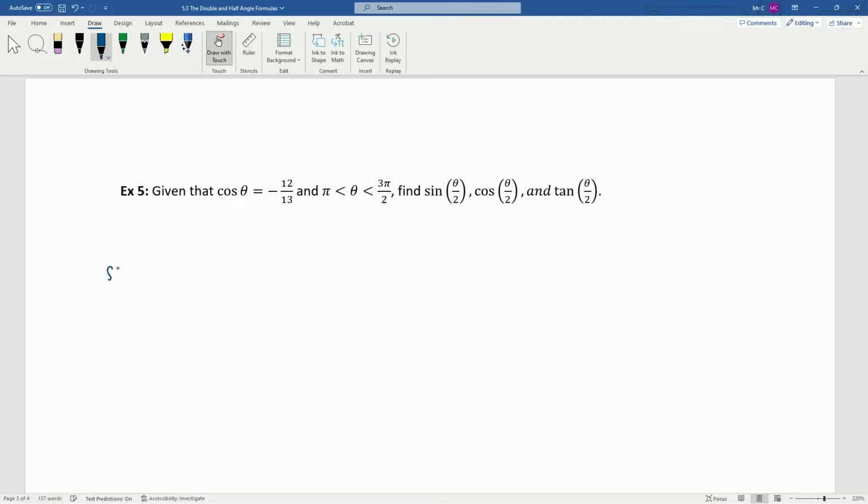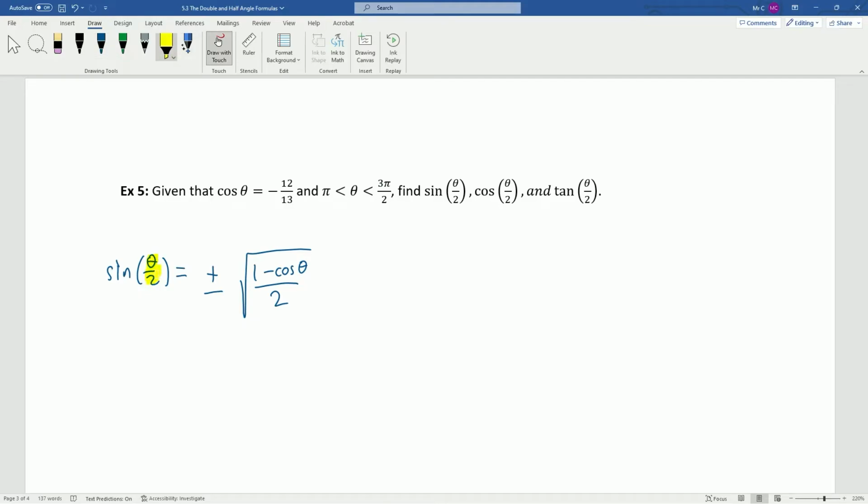So let's start by writing out our half-angle formula for sine: plus or minus the square root of 1 minus cosine of theta over 2. So here's the thing. I'm told where theta is. Theta is between pi and 3 pi over 2. But I don't need to know where theta is.